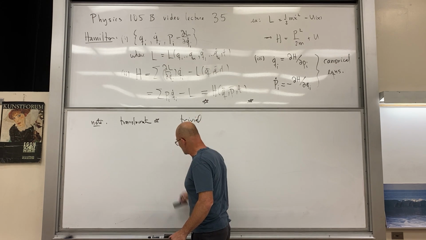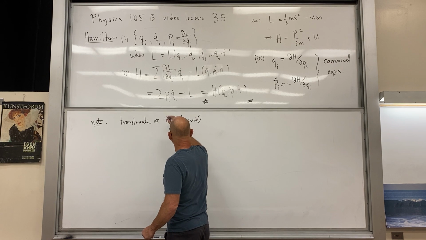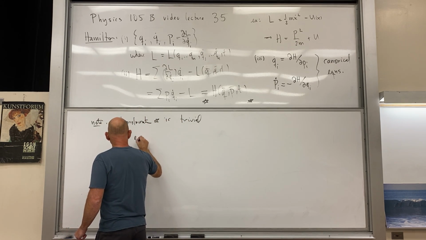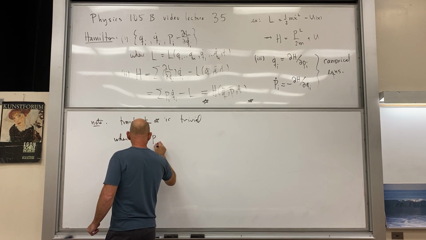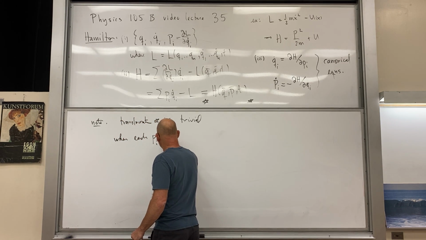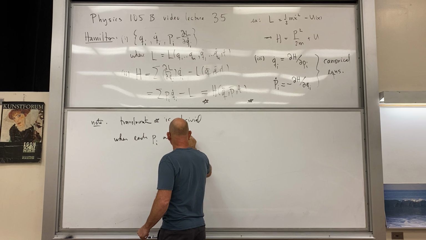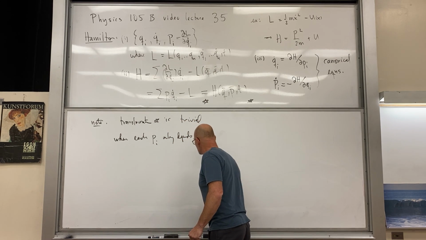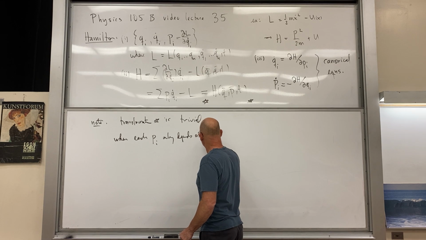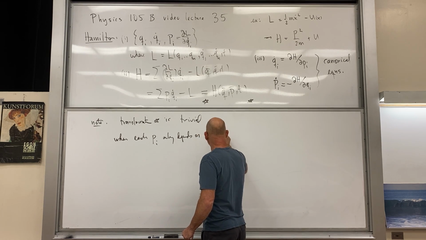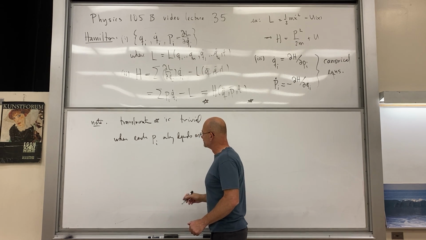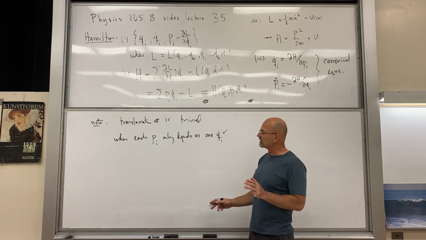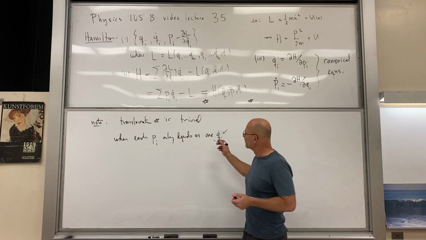I'm going out on a limb calling it trivial when each piece of p sub I only depends on one q sub I dot. Okay, so that's easy, and those are the ones we're going to do. I'll assign a couple more basic ones for you.